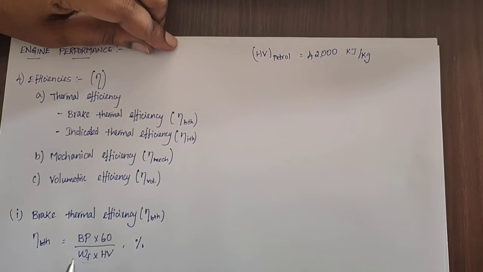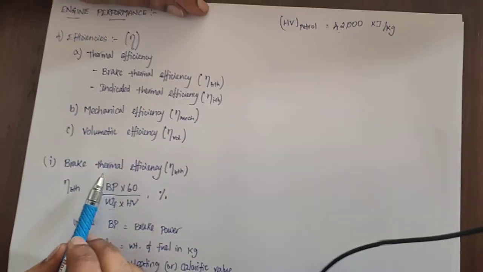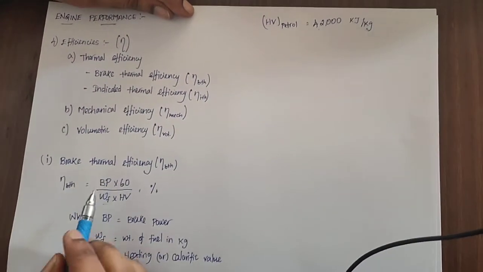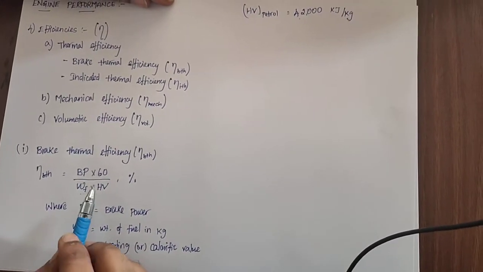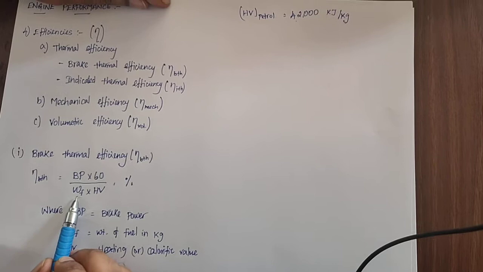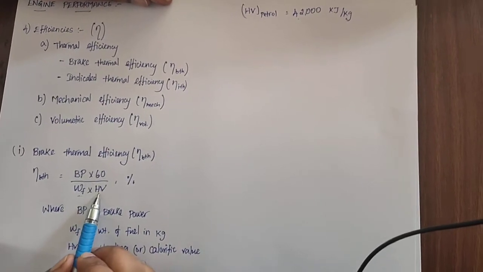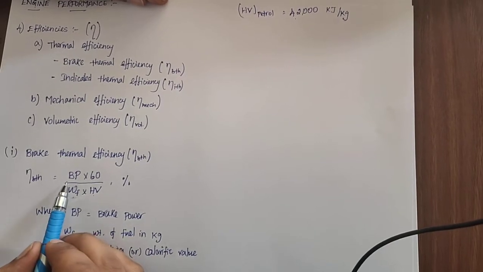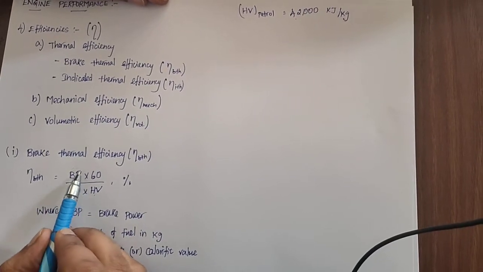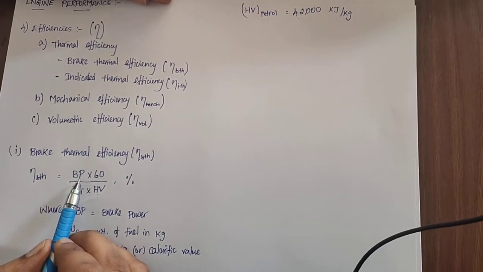Coming back to thermal efficiency, the term thermal means heat. It is the amount of heat liberated by burning a kg of fuel. For example, I am taking 1 kg of fuel, which has a calorific value. On burning this, we get the power. As I already told, power is nothing but your useful heat.